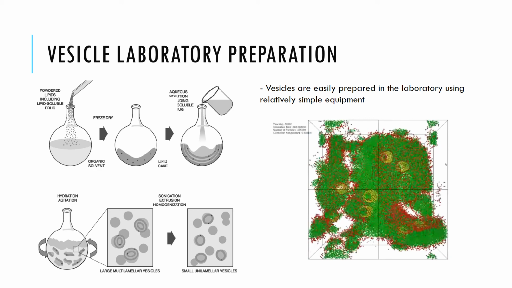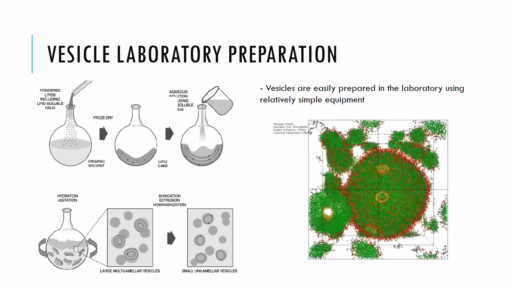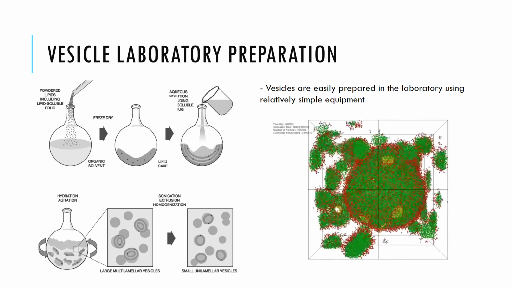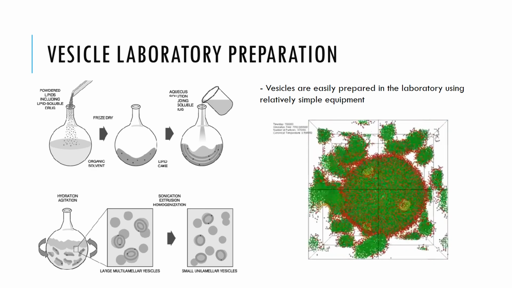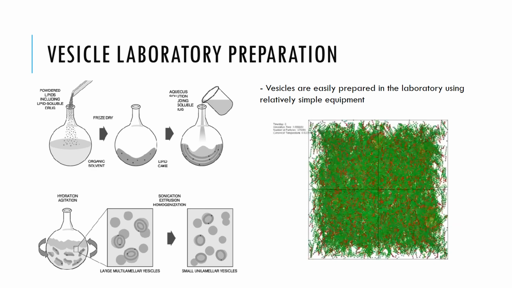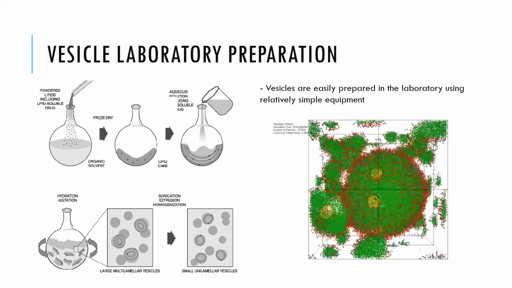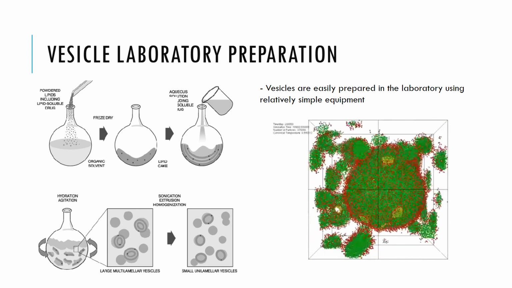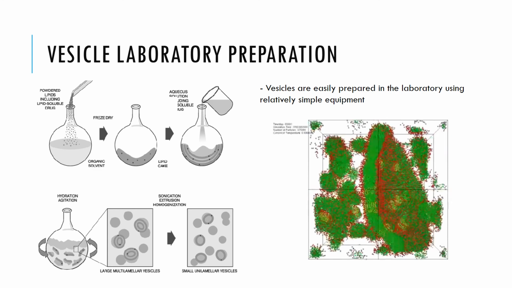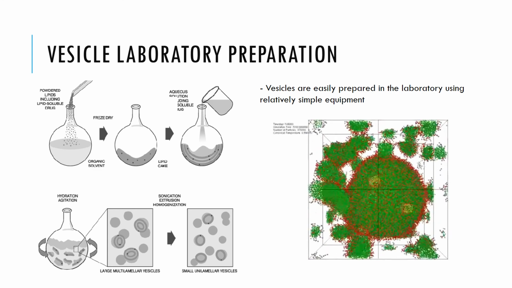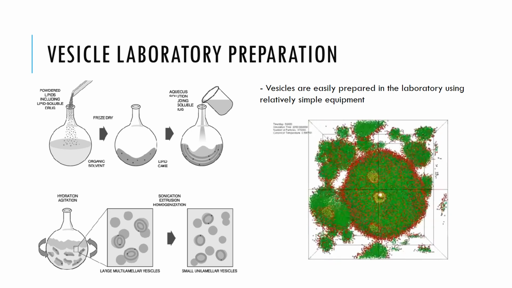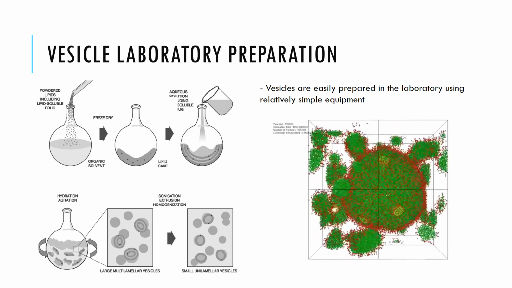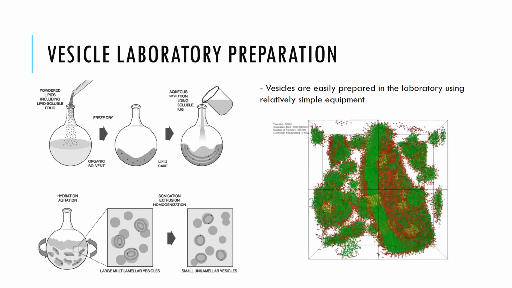You then rehydrate the lipids in a buffer, usually a tris buffer or a sodium chloride buffer or phosphate buffer. You agitate the solution, and the vesicles form as the water essentially removes lipid from the wall of the vessel.